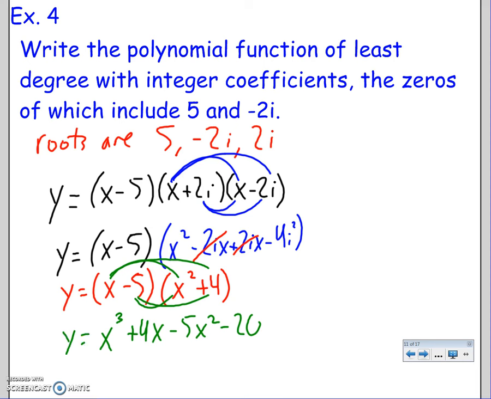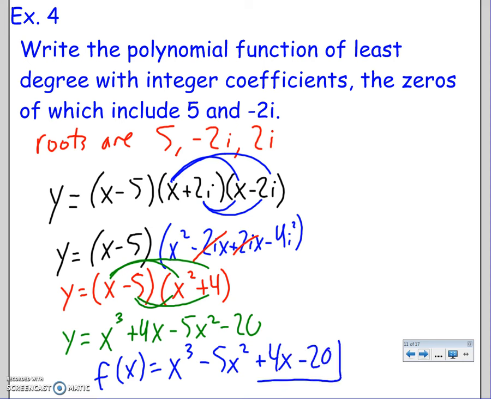Now they usually like you to put the answer in order, and I'll use f of x instead of y. So f of x equals x cubed minus 5x squared plus 4x minus 20. That's the least degree function with integer coefficients with 3 roots: 5, negative 2i, positive 2i.